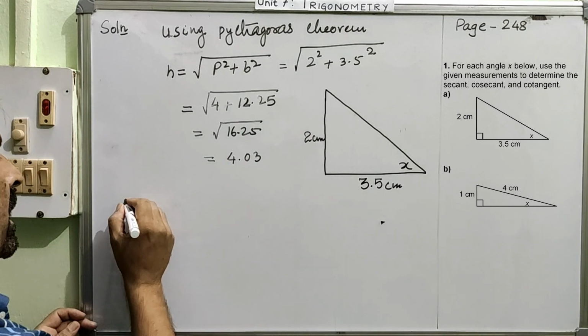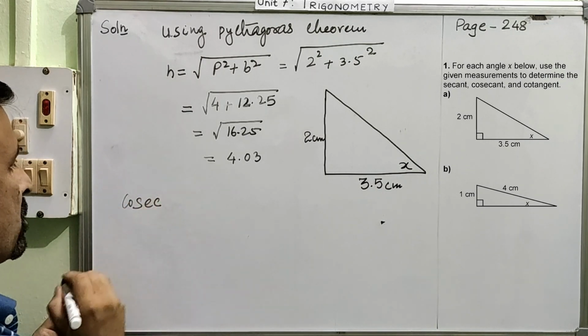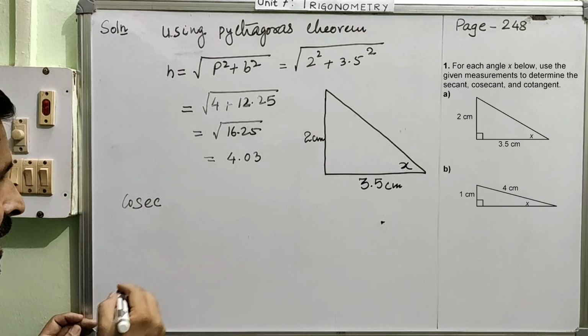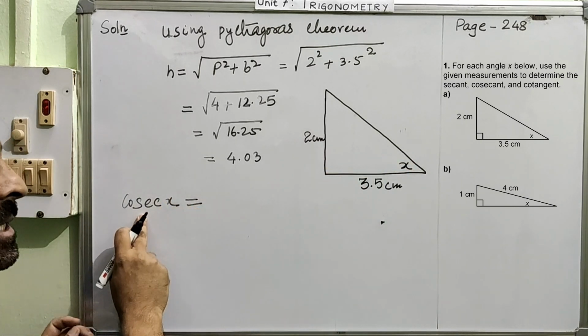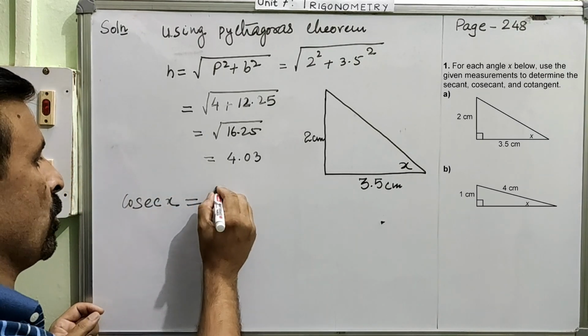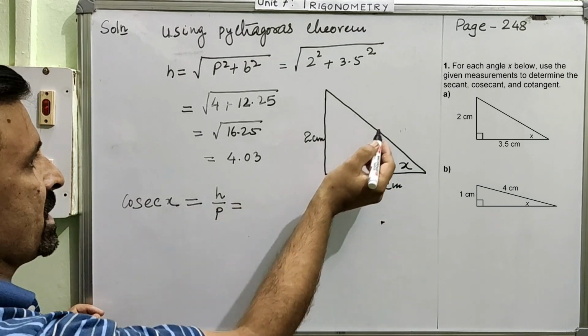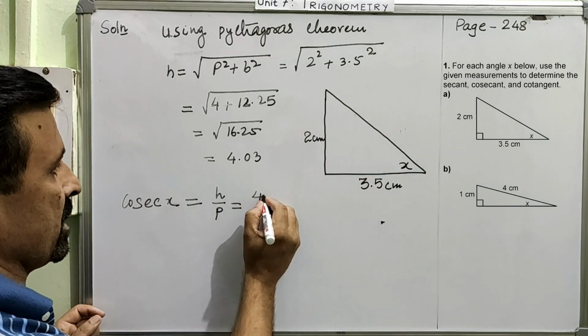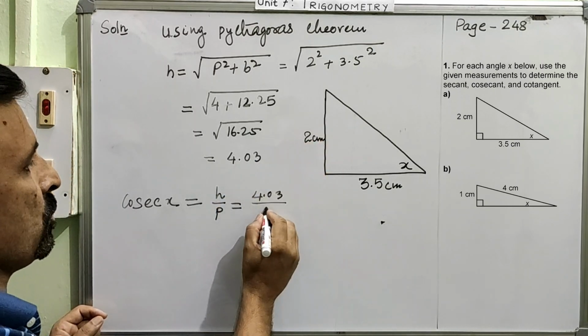Now we can find the value of the three trigonometrical ratios. First of all, we are going to find the value of cosecant, cosec in short, for angle x. You know this is the reciprocal of sine theta. Sine theta was p over h. That means this will be h over p. Whereas what is your h? H is calculated as 4.03, divided by 2.